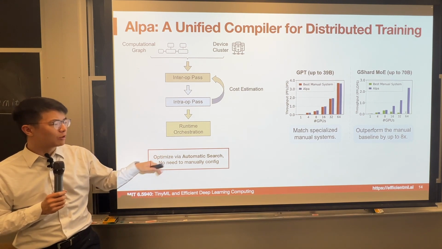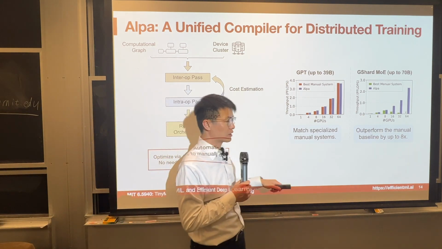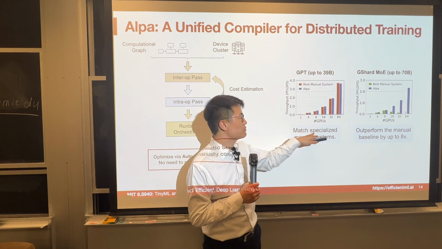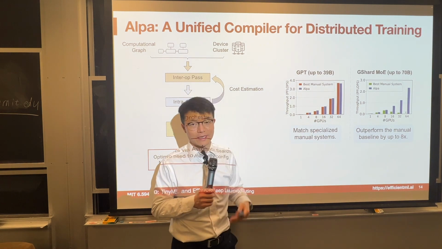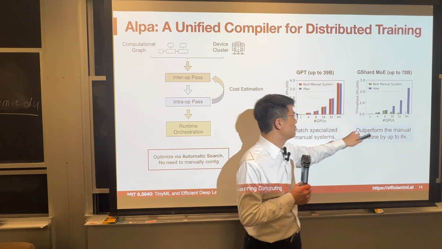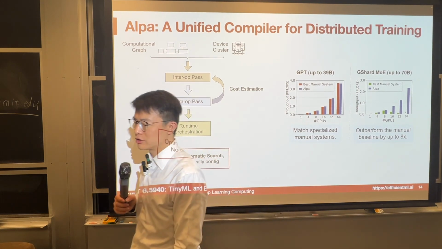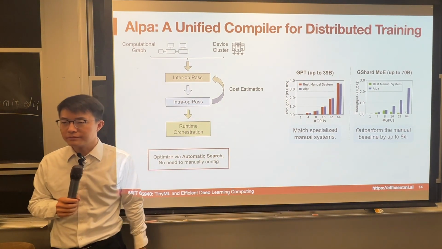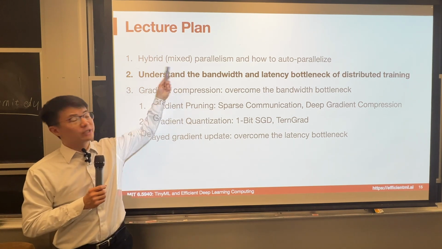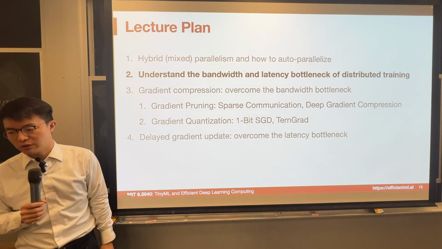It's optimized via automatic search, and there's no need to manually configure it, but it pretty much matches the specialized manually partitioned systems, and also outperforms the manual baseline in this case by a pretty large margin. So that is about the hybrid and mixed parallelization approaches and the way to auto-parallelize that.